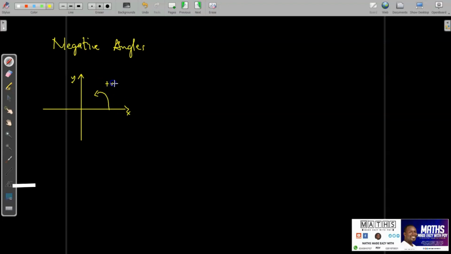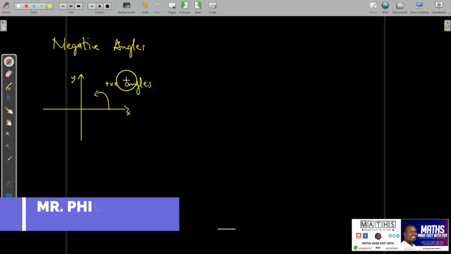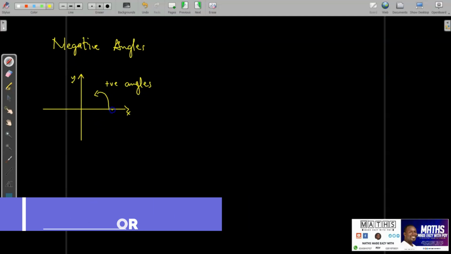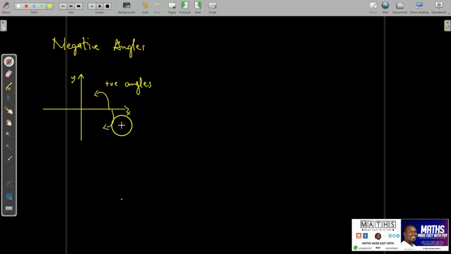But negative angles are measured from the positive x-axis in the clockwise direction.